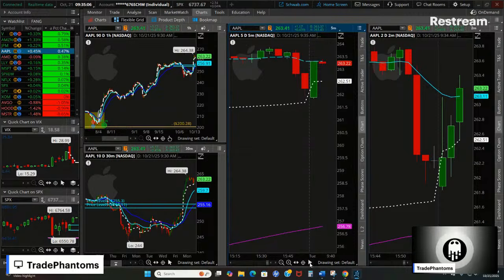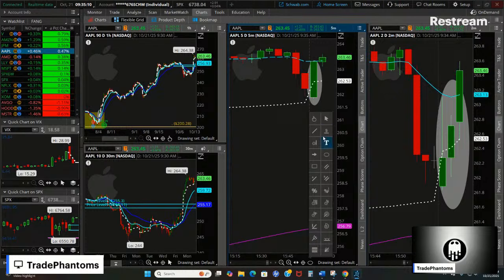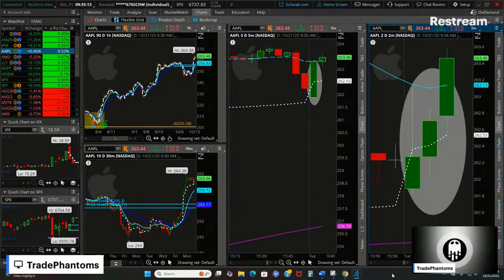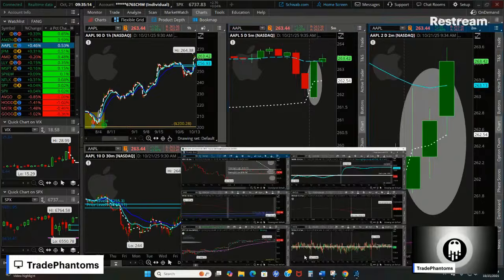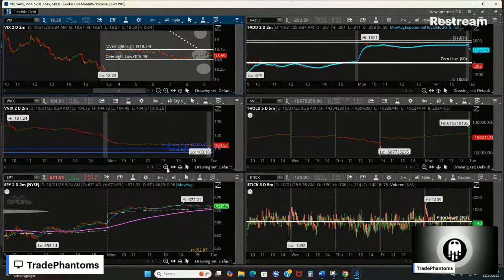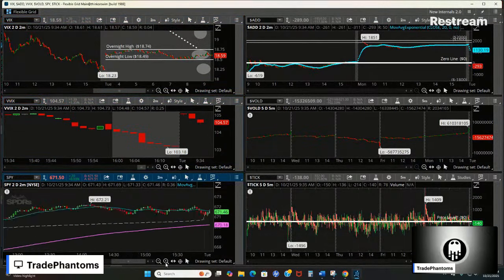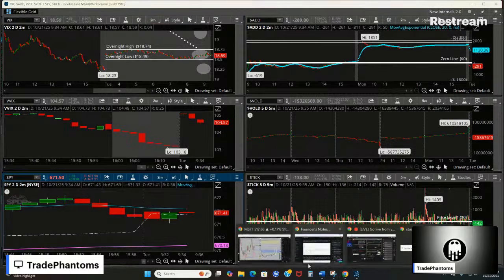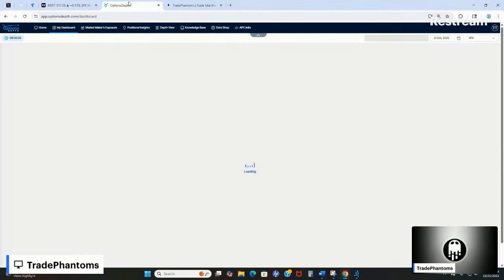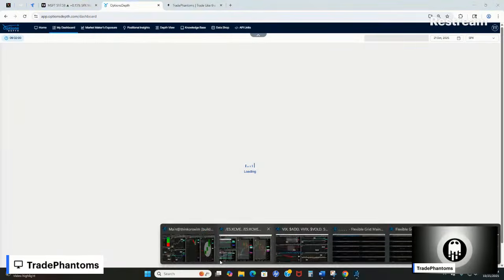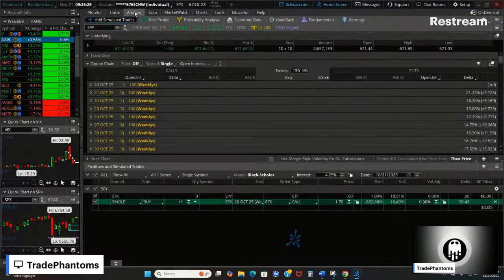Apple doing its thing. On 5 printed that. Wide range bar there. VIX on lows. You're going to go with Apple just because it's more of a momentum and breakout, if you will.